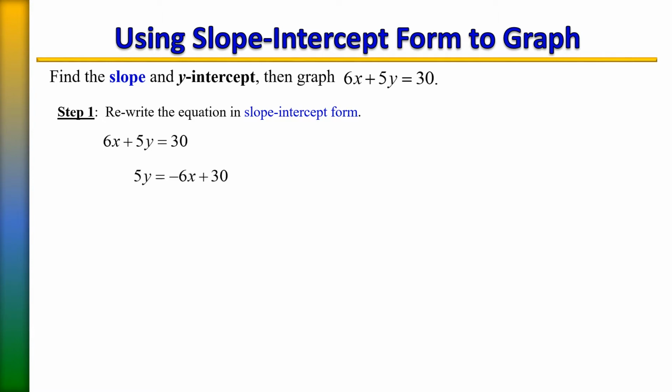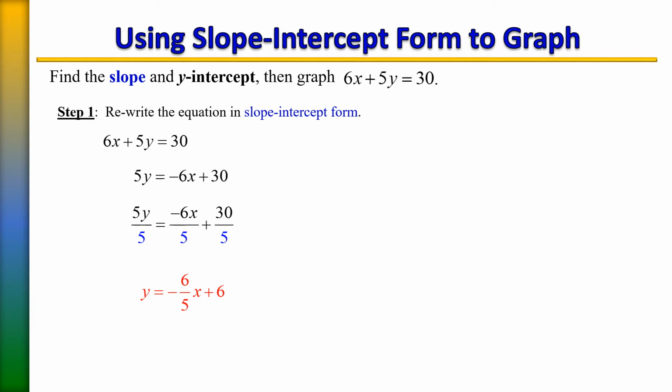Our next step then is to divide by 5. What you do to one side, you must do to the other. So once we simplify that, we have y equals negative 6/5 x plus 6.